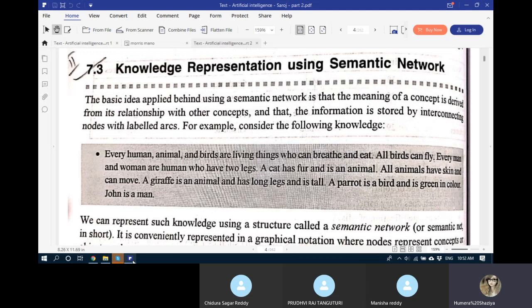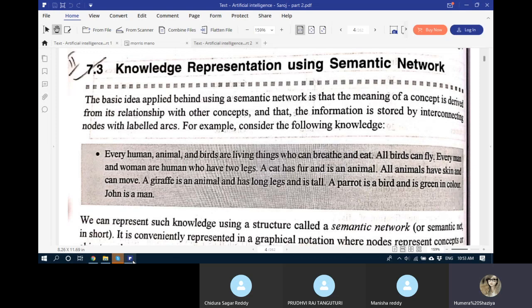It does not mean that all living things fly. Now we are being specific. You can have a general property which applies to all the successors, and you can have a property which is specific to a particular node. Here we are talking about birds. So all birds can fly.